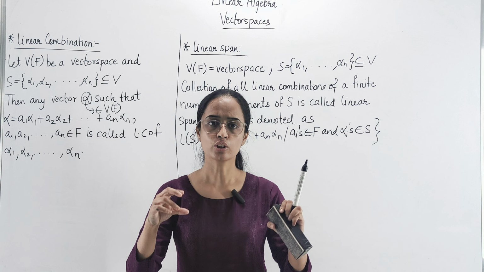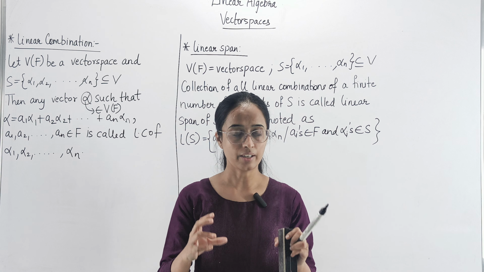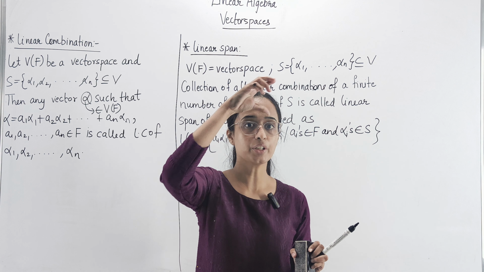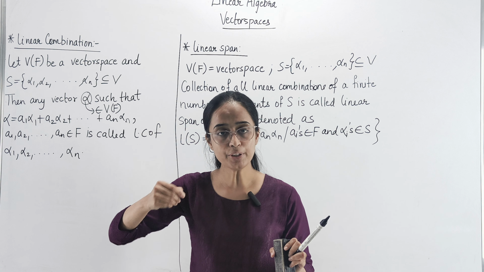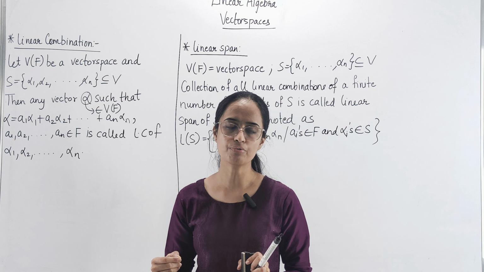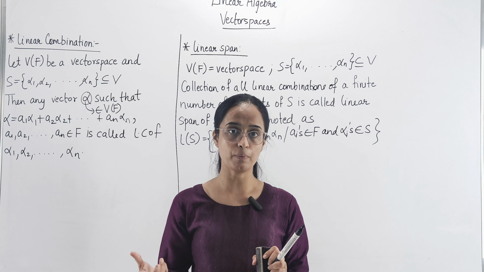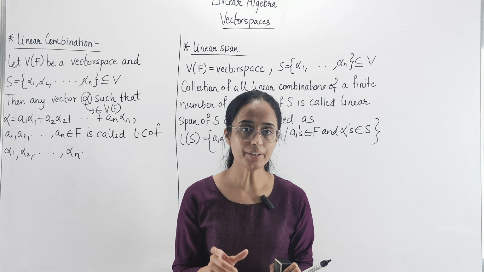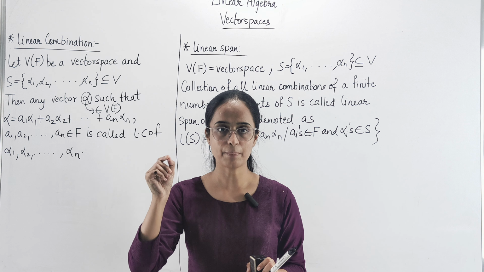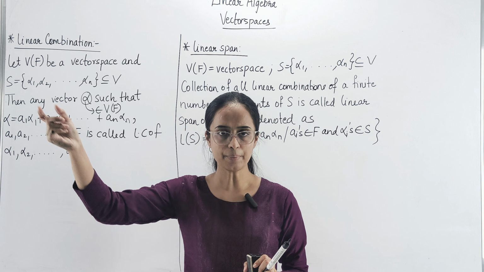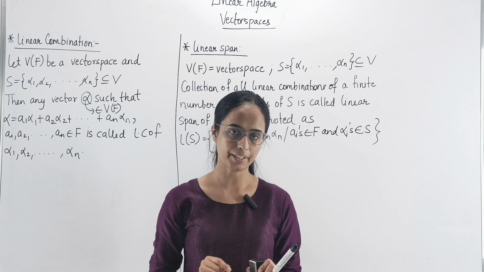So if you have any subset of any vector space, and you take an element from the vector space, which over here is alpha, and if you are able to write that element in terms of the vectors of the subset that you have taken using the scalars belonging to the field, then the resultant that you get over here, a1 alpha 1 plus a2 alpha 2 and so on up till an alpha n, that particular resultant expression is called the linear combination.